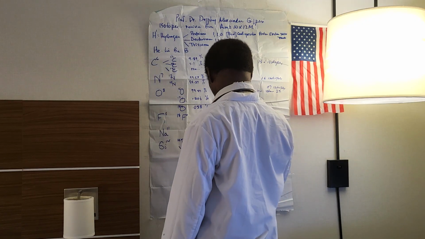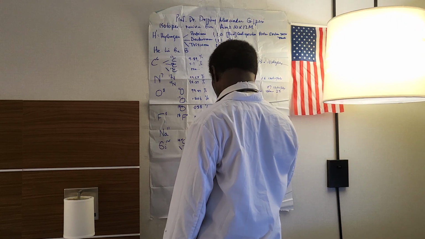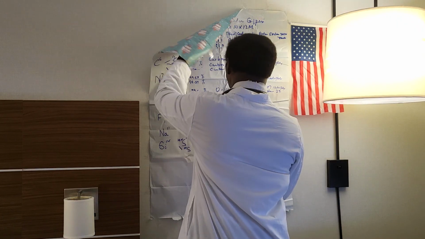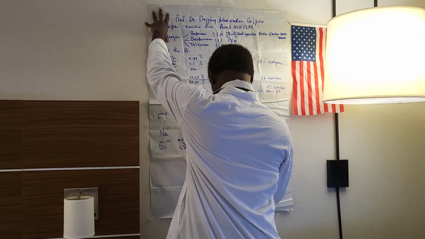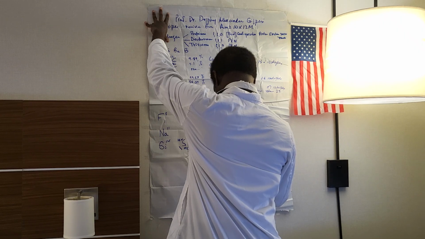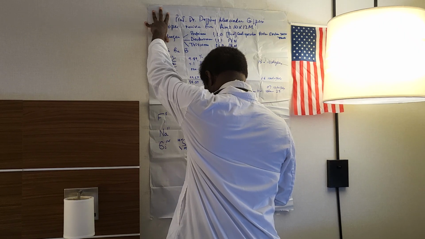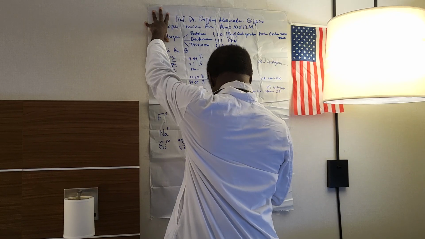Silicon 28.08 is approximately 92% abundance. Silicon 29 has approximately 4.68% abundance, and silicon 30 has about 3% abundance.